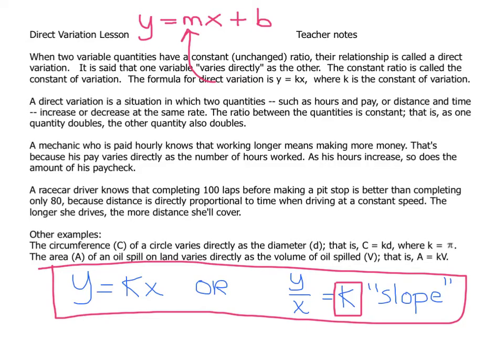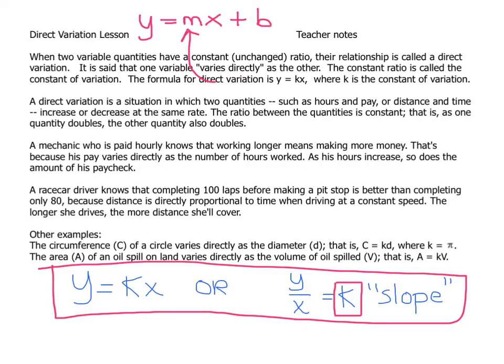It says that direct variation is the situation in which two quantities, such as hours and pay, distance and time, increase and decrease at the same rate. Remember, that would be slope, because the rate stayed the same, the constant. A mechanic who is paid hourly knows that longer hours mean more money, because his pay is directly related to the number of hours he works.